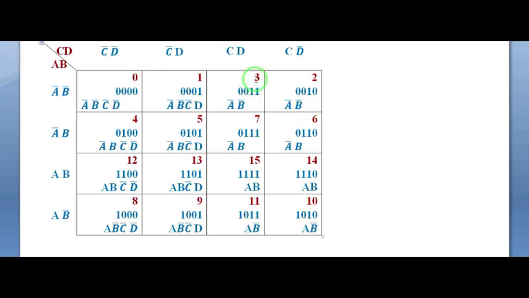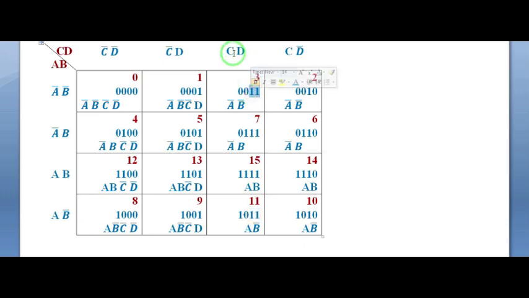Similarly, if you go for column number 3, you can see row number 1, row number 2, row number 3, row number 4. All the cells of column number 3 have 1 1.